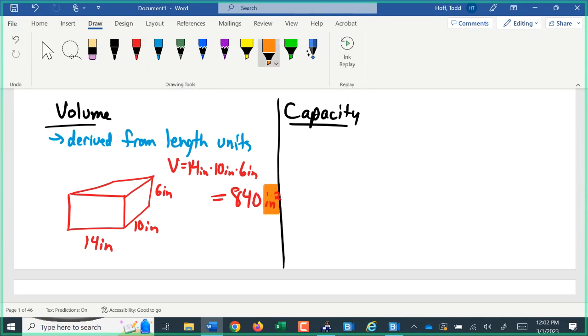You'll notice here that the unit is a length unit cubed. So it is derived from length units. That's all volume is calculated from length. Capacity is standard size containers.